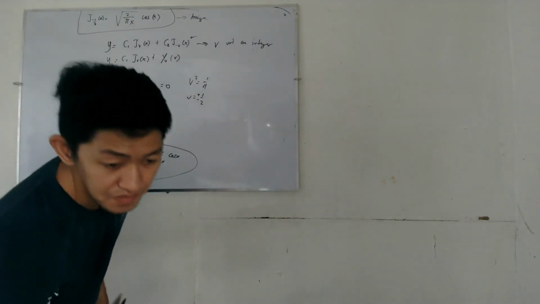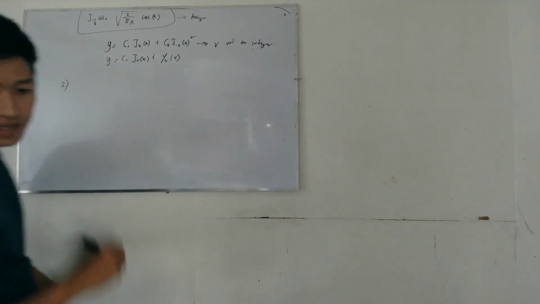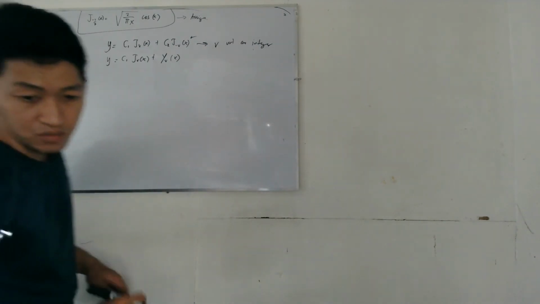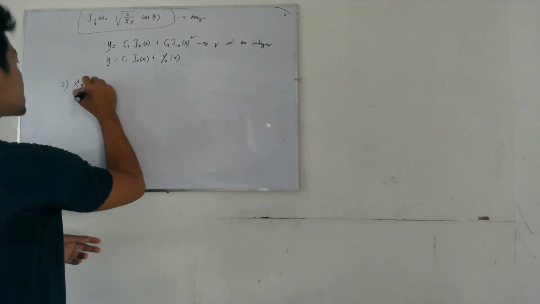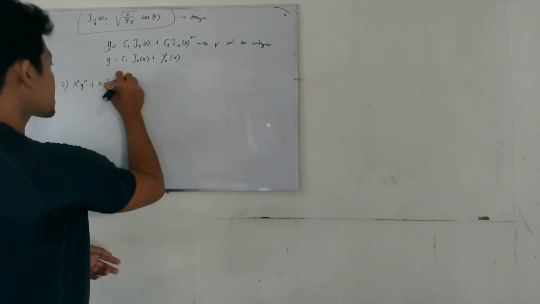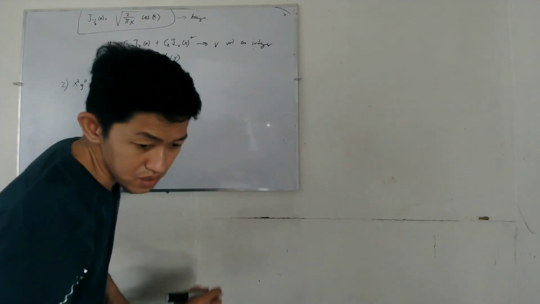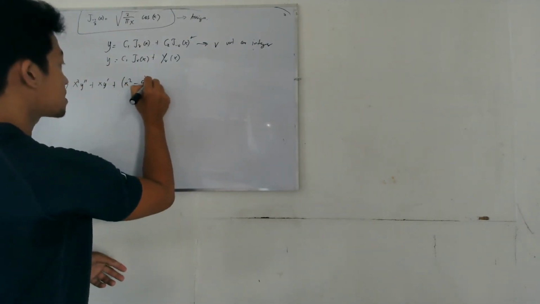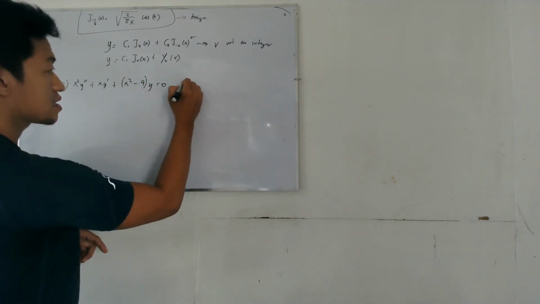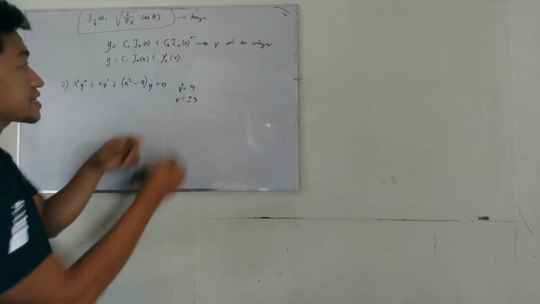Okay. How about this equation, x squared y double prime plus xy prime plus x squared minus 9y. Therefore, your v squared is 9, so v is positive negative 3. So this is an integer.